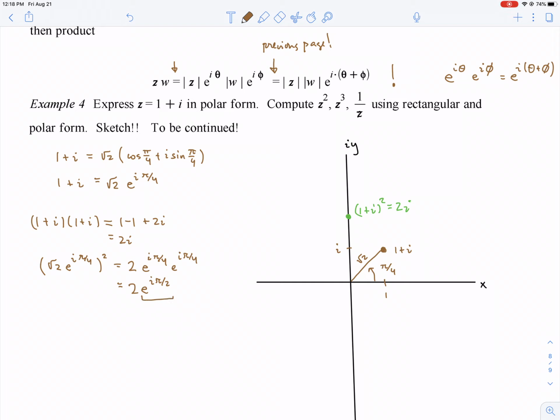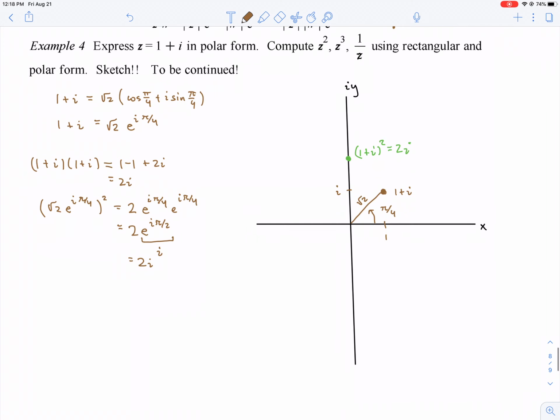E to the I pi over 2 is cos pi over 2 plus I sine pi over 2, which is just I. So we get 2I, and we saw that from the Cartesian computation as well.